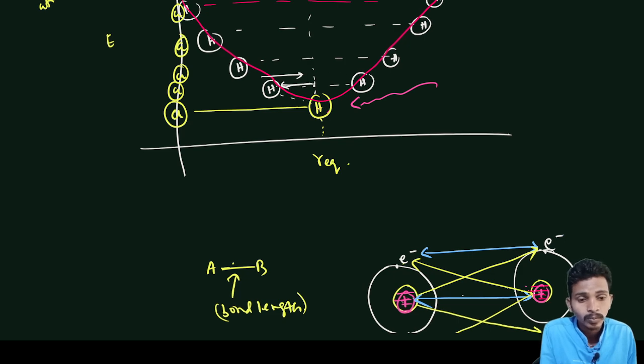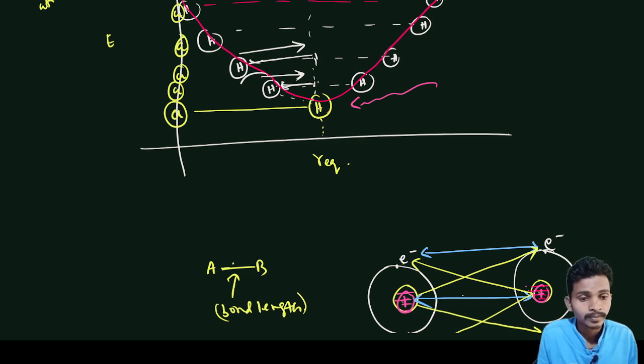So whenever you are pulling, some force is applied back, opposite to this. That is called the restoring force, whenever you move away from this equilibrium distance. So again one force is there, opposite to whatever you are pulling, the hydrogen towards chlorine. That force is called the restoring force.